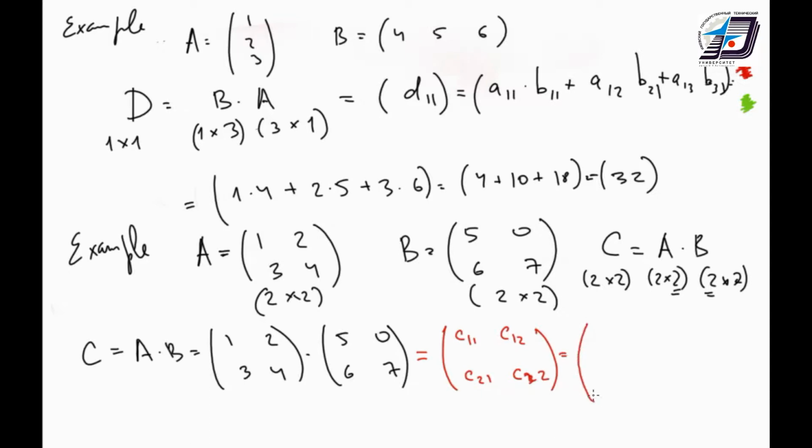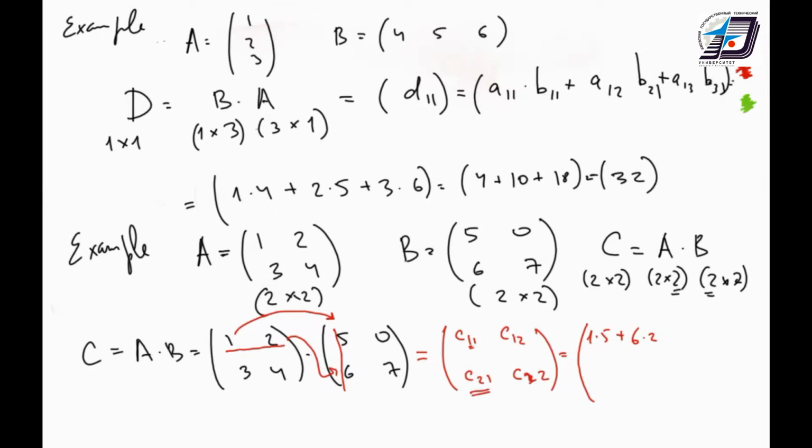If I want to calculate C11, I have to take elements from the first row, this is 1, 2, and the first column of the second matrix. So 1 I have to multiply by 5 and 2 by 6, and I have 1 times 5 plus 2 times 6.